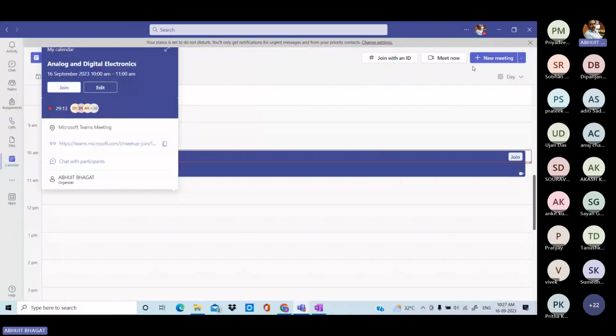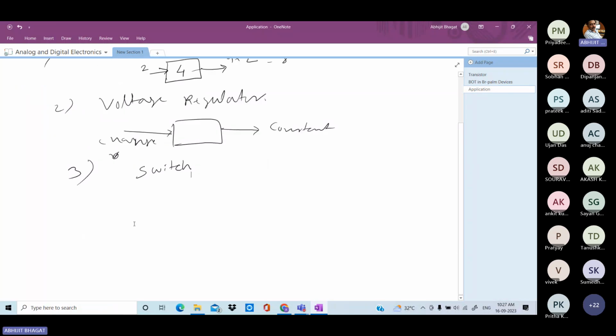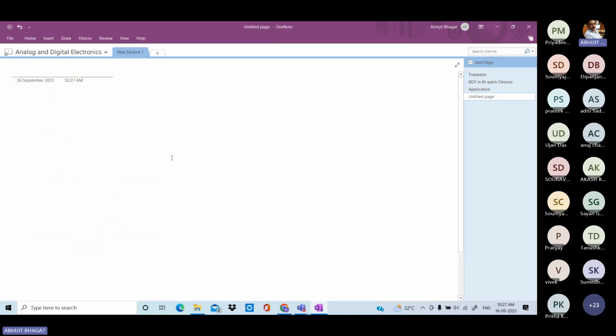Then I will continue for the next topic, and it is the most important application. Transistor is used as the amplifier. Can I change the page? Yes, sir. So next topic is how this transistor is used as the amplifier, or how it amplifies the signal.